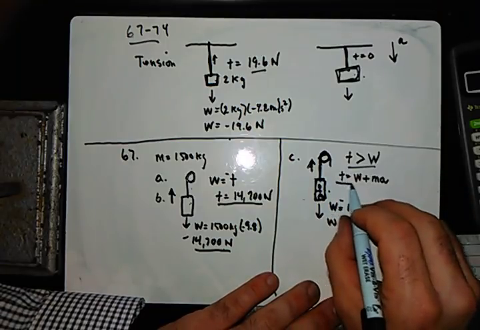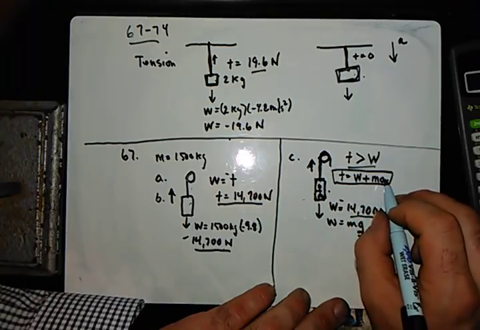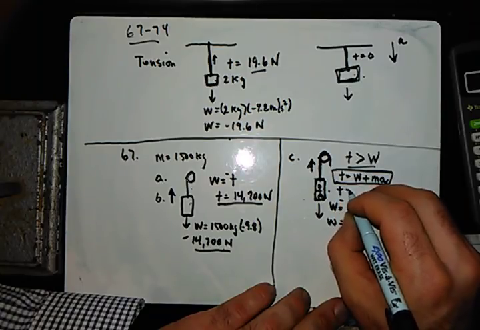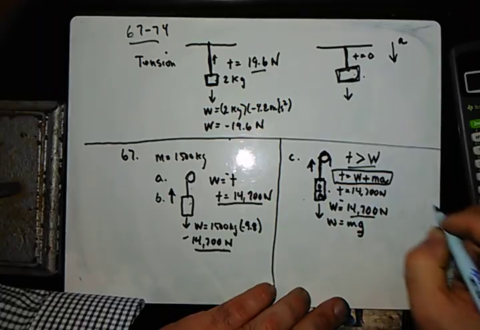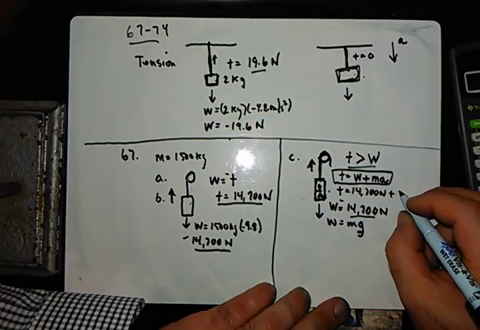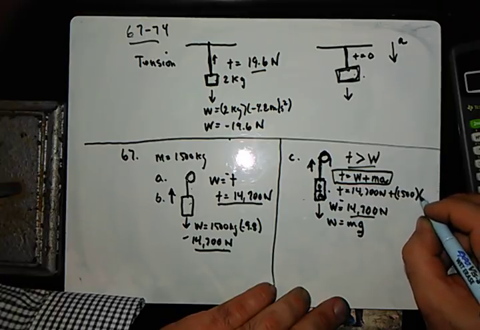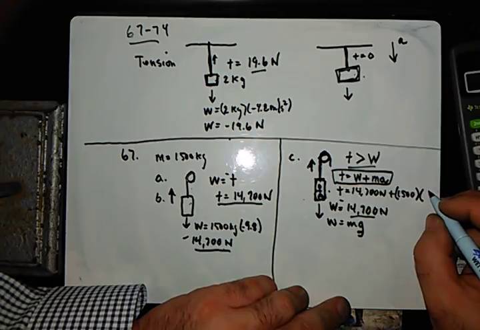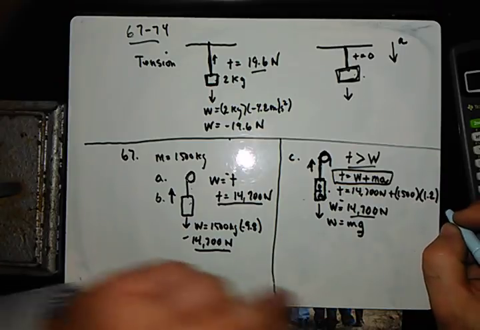So we've got a little formula: tension is weight plus mass times acceleration. So the tension in this cable will be 14,700 newtons plus the mass of the object, which is 1,500 kilograms, times our acceleration. They told us in part C that the acceleration was upward at 1.2 meters per second squared.